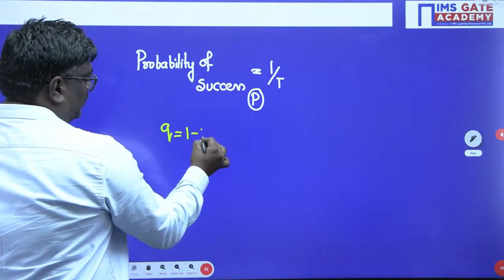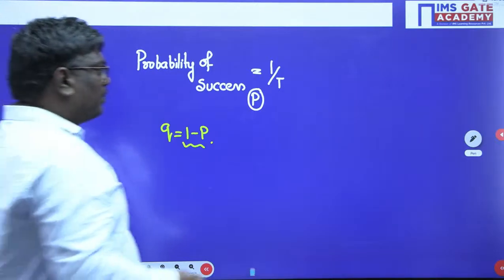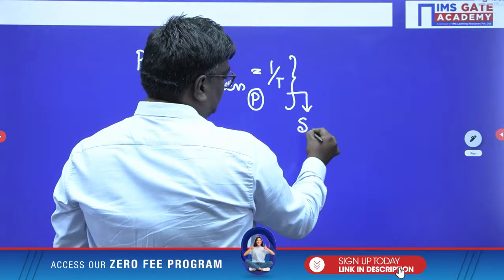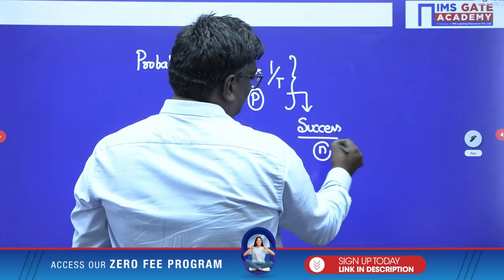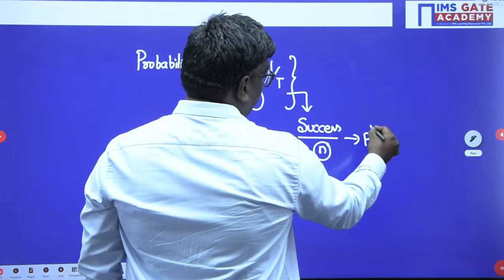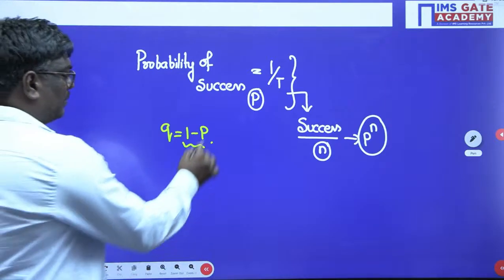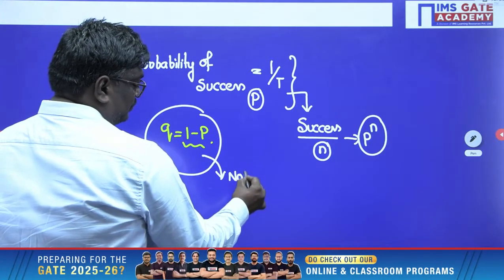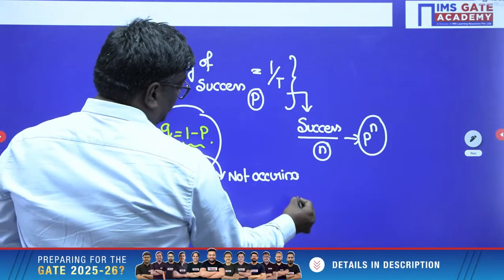Q is equal to 1 minus P. If they ask you the probability of occurring in n consecutive years, then the answer is P power n. If they tell you the probability of not occurring, then it is equal to Q power n.